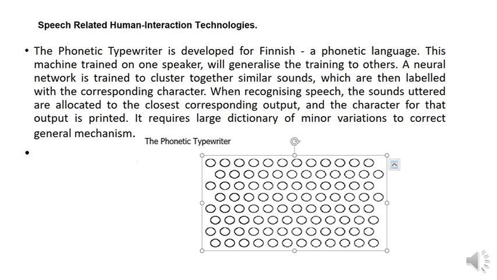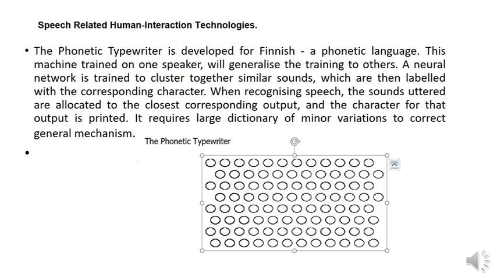Speech-related human interaction technology: the phonetic typewriter was developed for Finnish, a phonetic language. This machine, trained on one speaker, will generalize the training to others. A neural network is trained to cluster together similar sounds, which are then labeled with the corresponding characters.